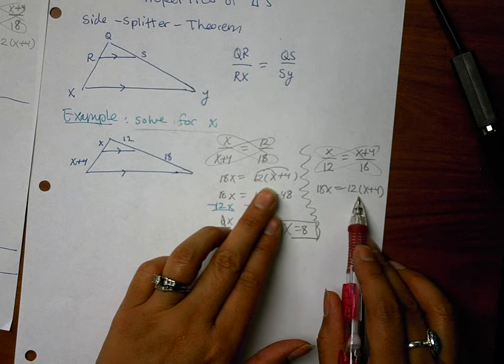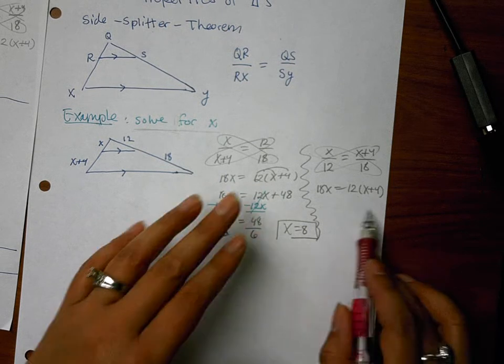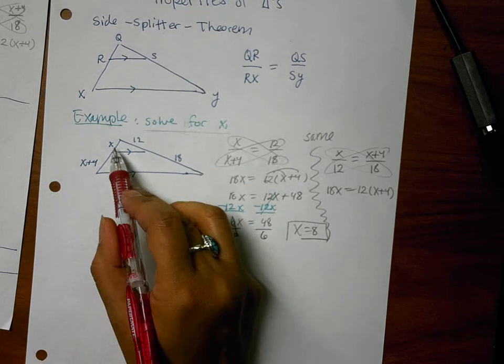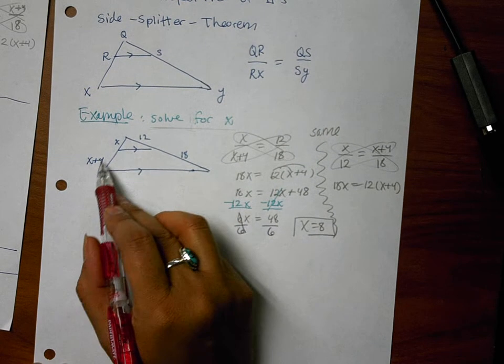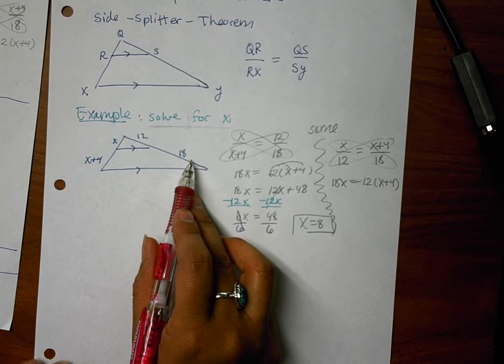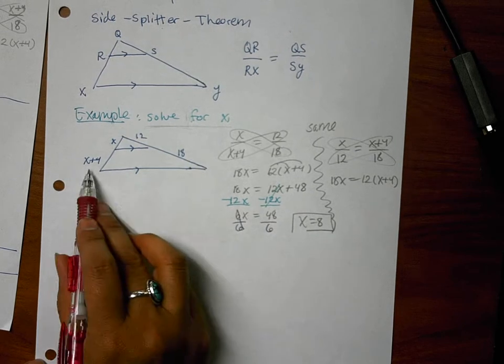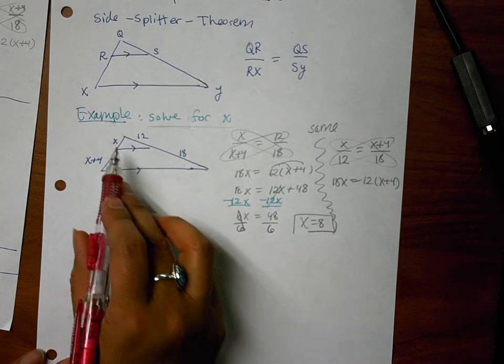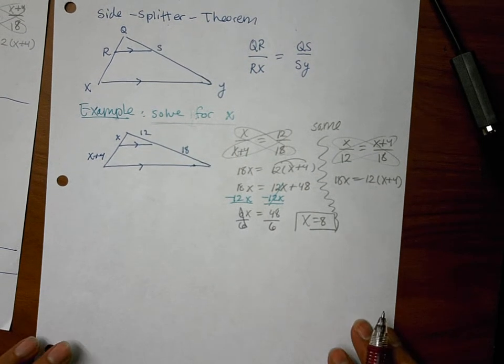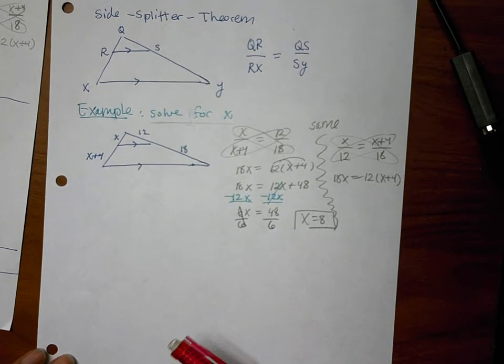There's the 18X, there's the 12 parentheses X plus 4. So they are the same thing. So as long as you do top over bottom, so left side, right side, or top, bottom, you're fine. As long as you don't jump across, you're good. Just keep it consistent regardless of which way you go.